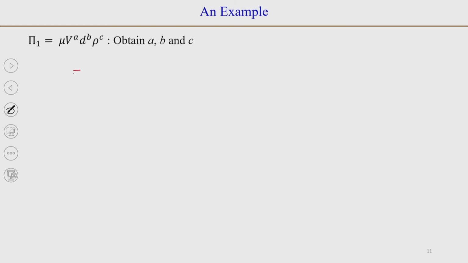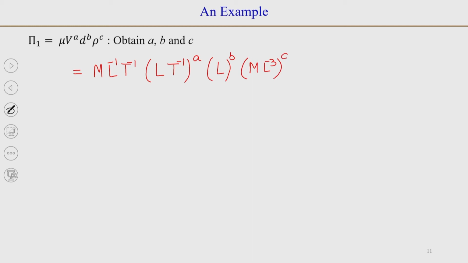So, for pi 1 we will write mu, the dimension of mu is m L raised to the power minus 1, t raised to the power minus 1, v is L t raised to the power minus 1 and this raised to the power a, d is L, so L raised to the power b, and rho is m L raised to the power minus 3 raised to the power c.